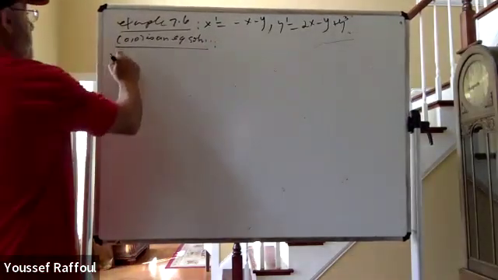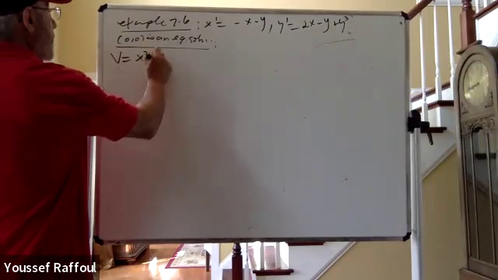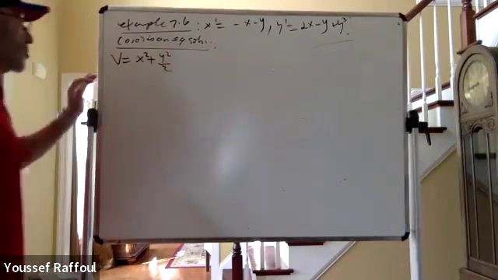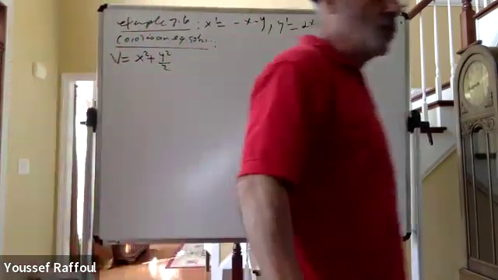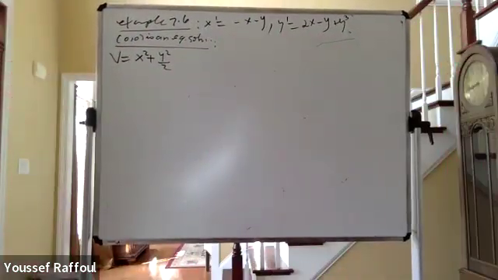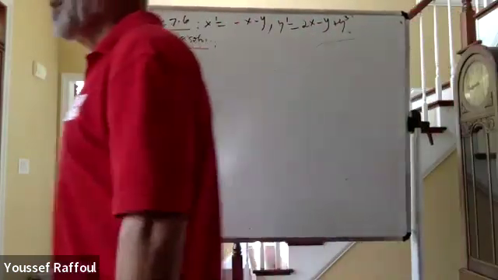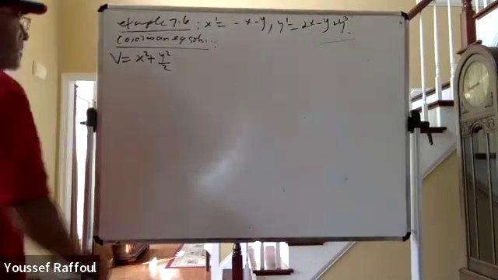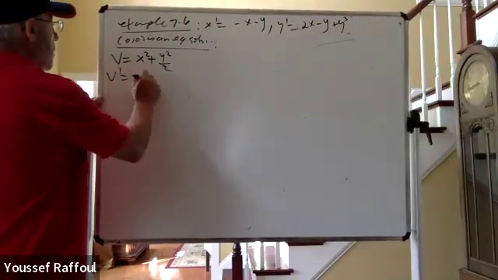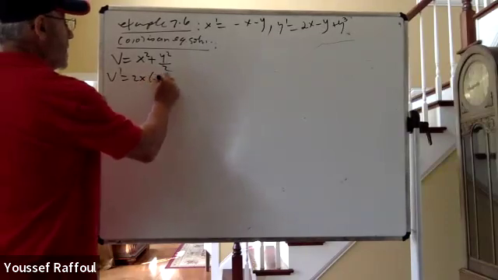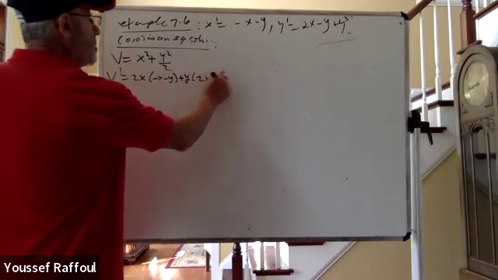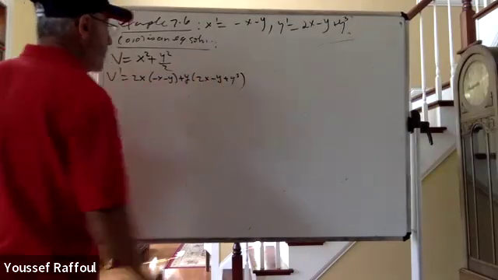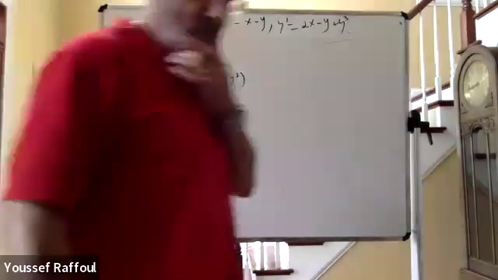And I'm going to take V to be (x squared plus y squared) over 2. You can take a x squared plus b y squared and accordingly choose a and b. So basically, I am saying a is 1, b is 1/2. Then V prime is x(-x minus y) plus y(2x minus y plus y cubed).